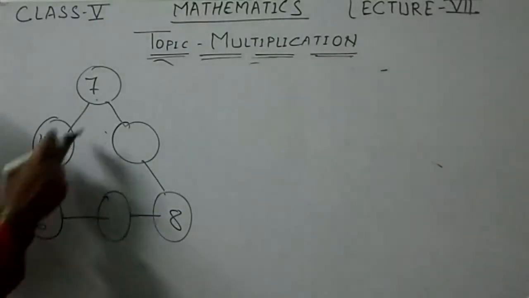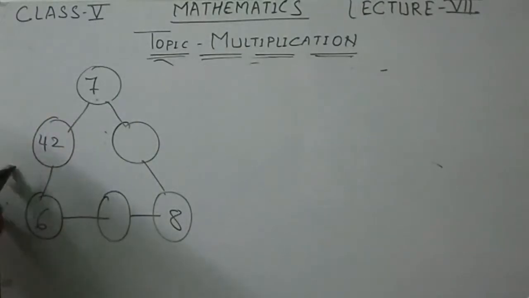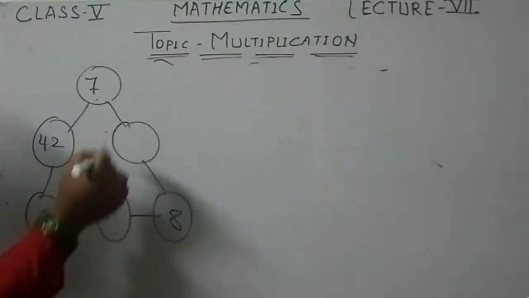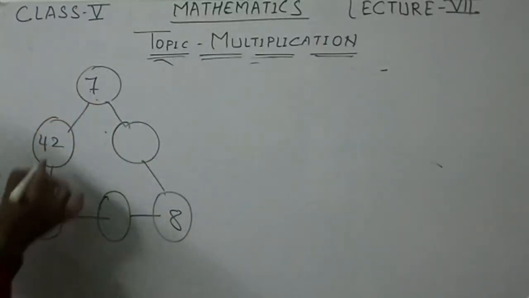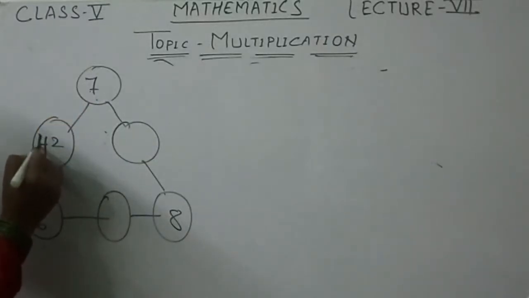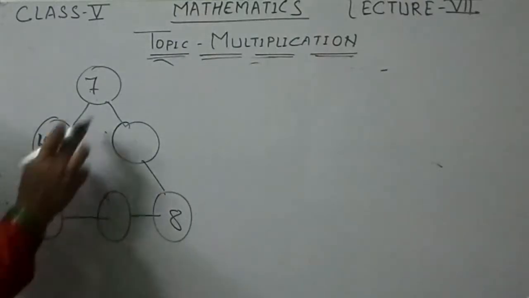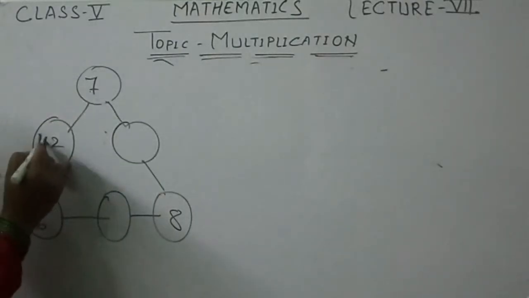See here, you have 7, 42, 6, 8 written, and 2 boxes are left here. See, 7 sixes are what? 42. This one is the multiplication. 7 sixes are, the product is written here, 42.